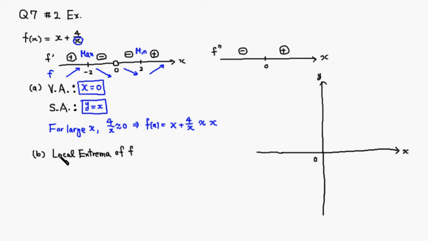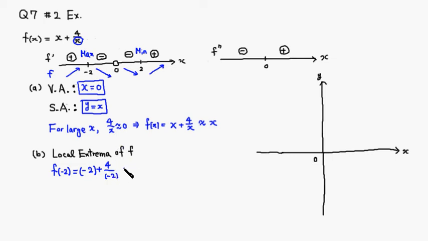So for the local max, we have to plug negative 2 into the original function. So that will be negative 2 plus 4 over negative 2.